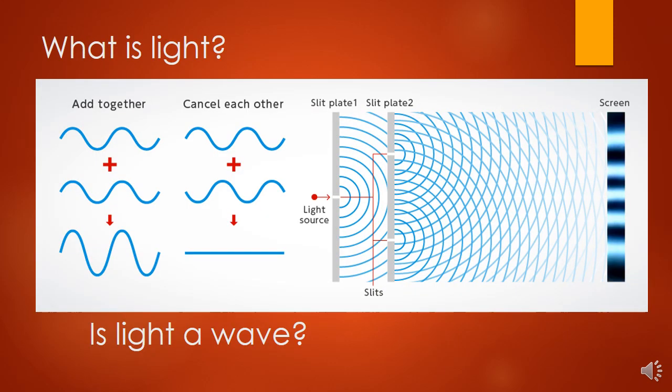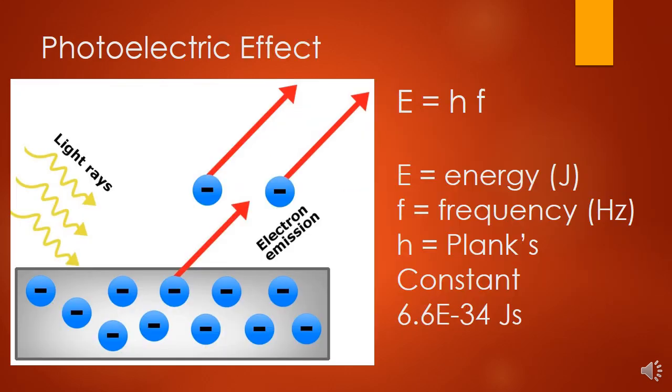And a little review here. What is light? Well, light is both particles and waves. How do we know that light is waves? Because when it's in phase, we have constructive interference, and when it's out of phase, we have destructive interference. How do we know that light is particles? That's the photoelectric effect.